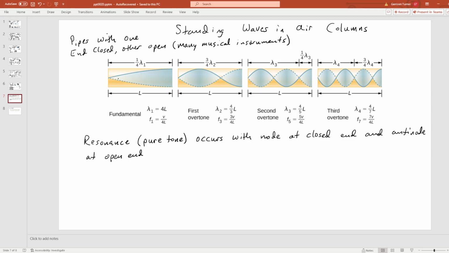pipes occurs when a wave is generated at one end. So this would be your mouthpiece. This is the open end of the instrument. And your sound wave hits the end of the column, but when it hits this boundary, there's a pressure differential at that boundary.